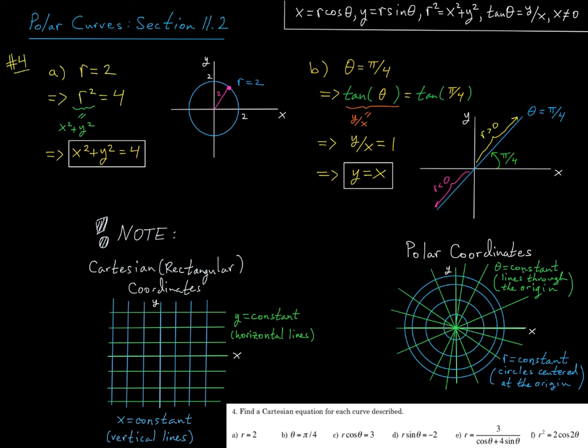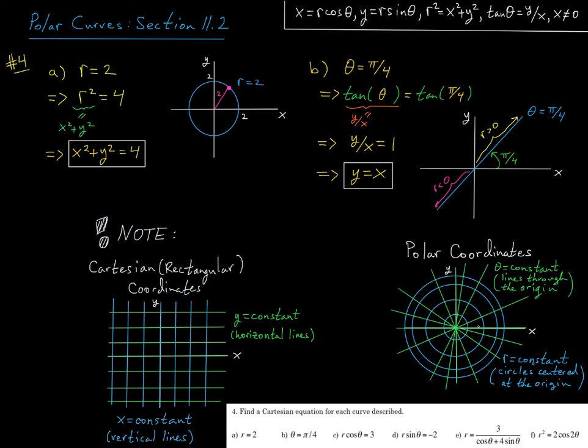Now if I set theta equal to a constant like I did in part B, that's going to describe this line through the origin that forms that constant angle with the positive x-axis. So in part B, theta was pi over 4, and this corresponding line formed the angle of pi over 4 with the positive x-axis. Now if I let this constant vary, that's going to give me this family of lines through the origin.